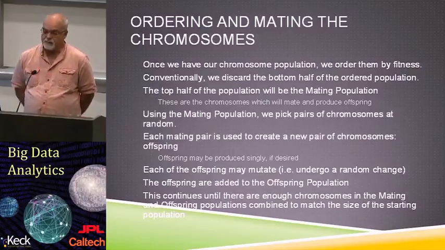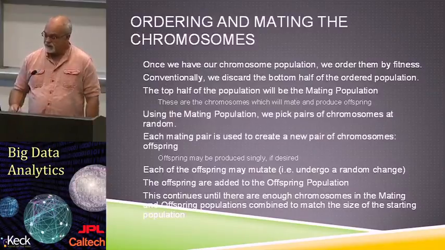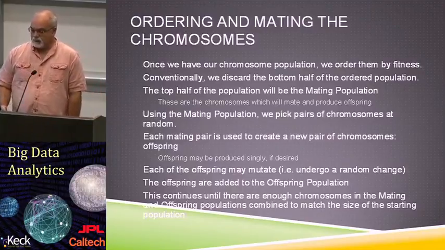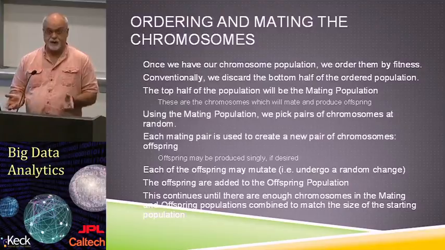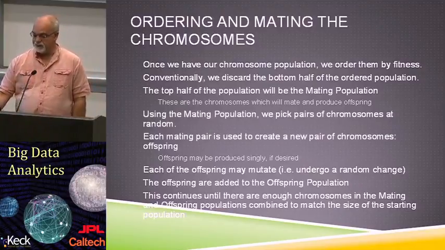That random number decides whether or not the offspring chromosome will be mutated. Typically, we run probabilities of around 50% to 25%, something like that. After we've done that, we add the offspring to the offspring population, and once we have enough offspring to make up our original population size, we add them all in.